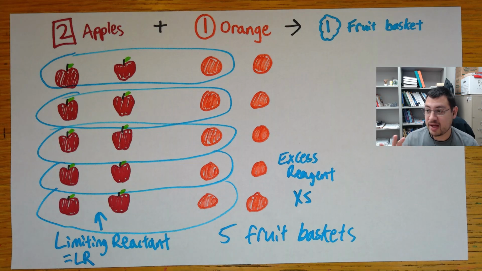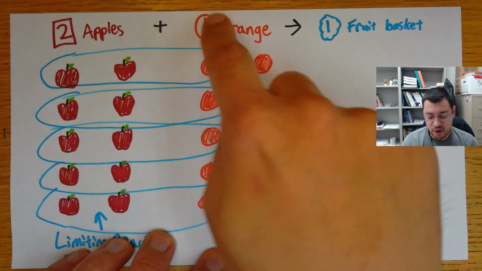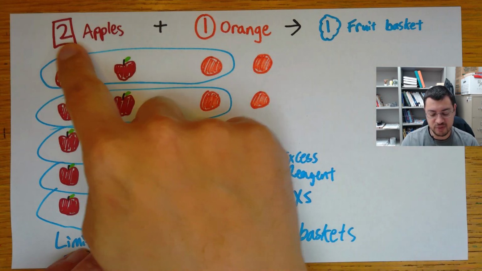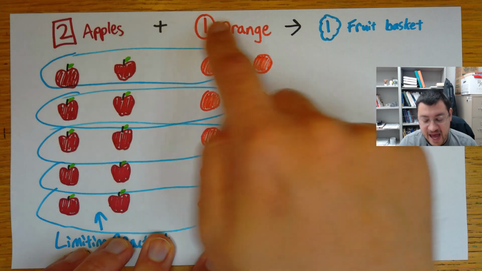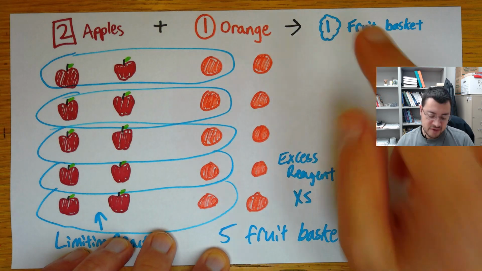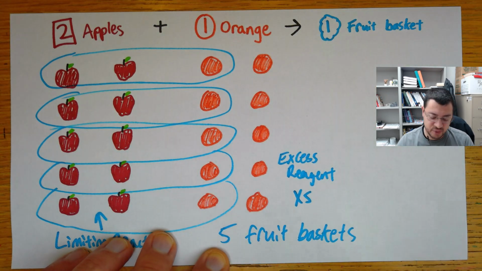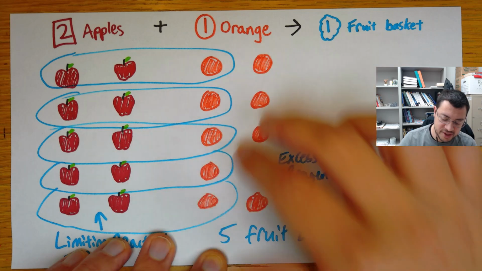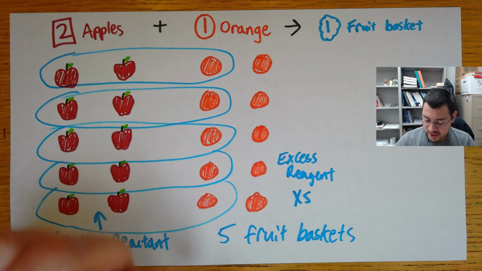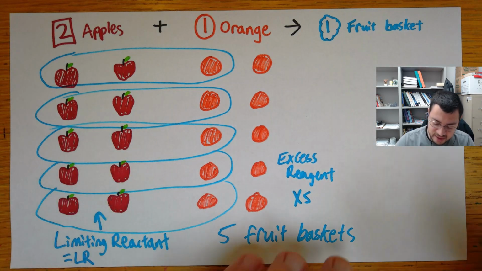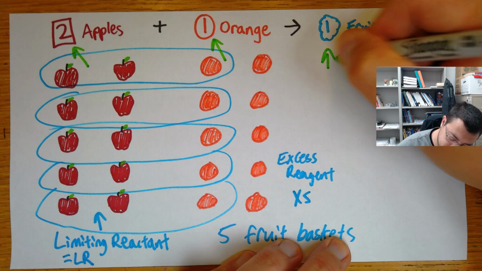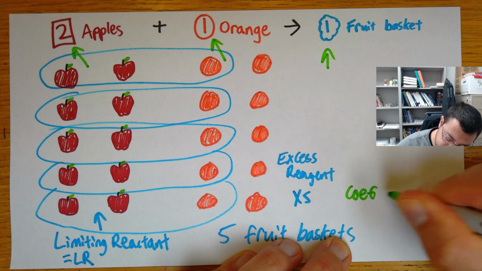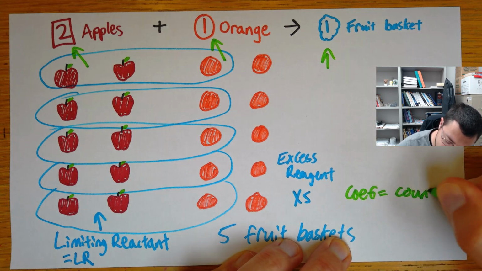Notice though, before we get into chemistry, that these coefficients here, the 2 apples, 1 orange, giving us 1 fruit basket, these are counting numbers. They have nothing to do with weights or masses. We didn't weigh the apples or the oranges. We're counting. So, right off the bat, I want to tell you this: these coefficients are counts.